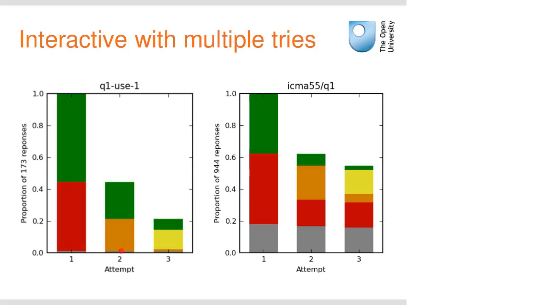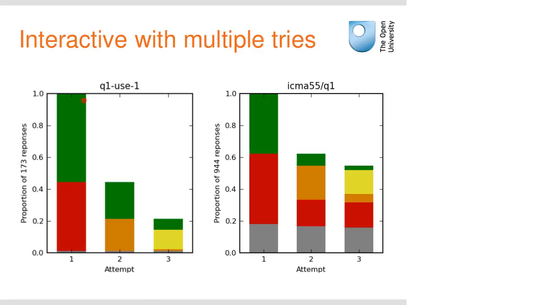The other half put in a different wrong answer and got a bit more feedback, and a few more got it right. By the end, about five-sixths of students got to the right answer, and the rest mostly put in a different wrong answer.